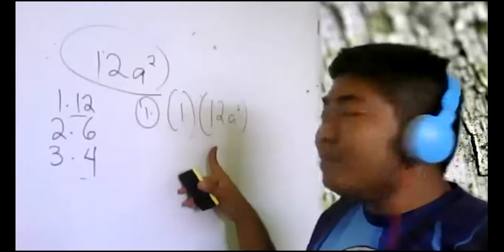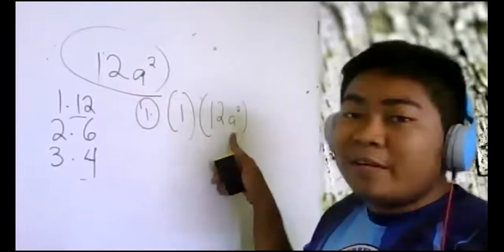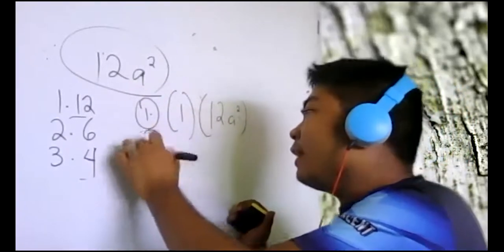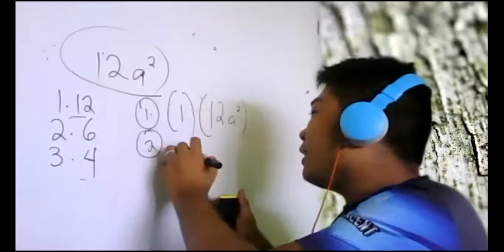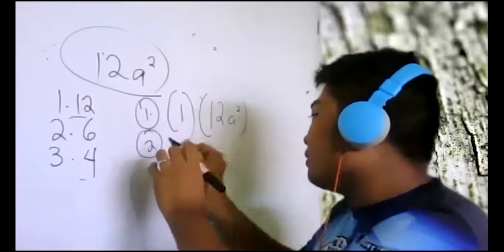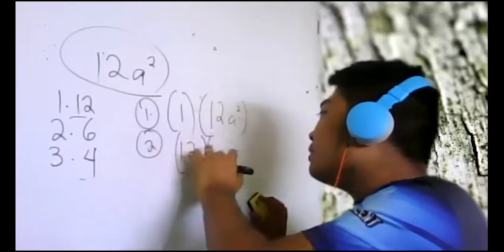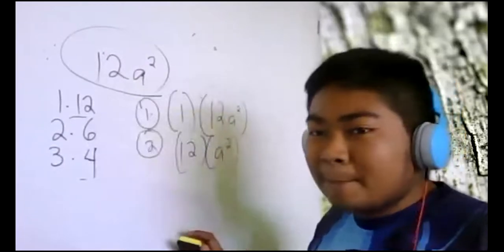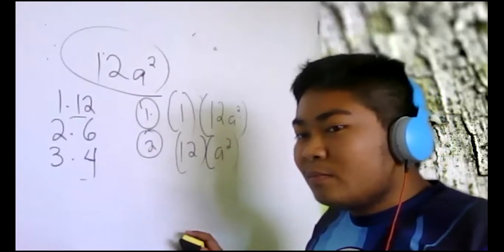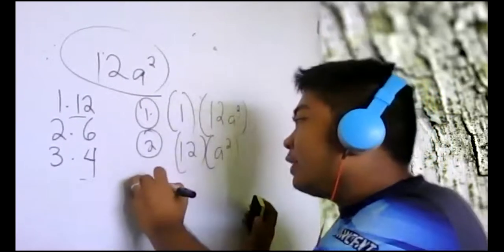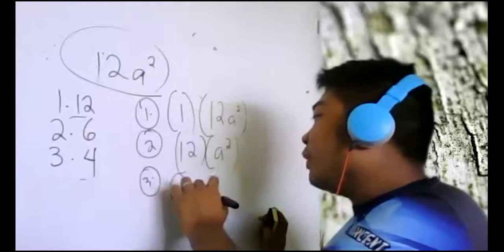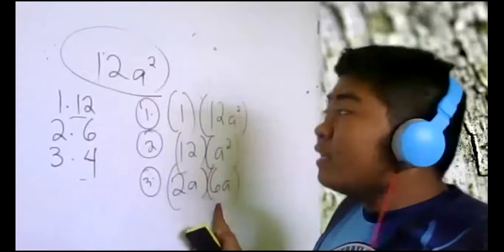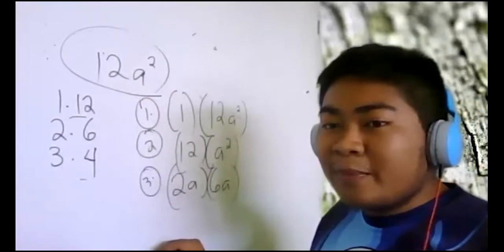Tama? Siya pa rin ba? So 1 times 12a squared. Siya pa rin. Second one, we can write it as 12 times a squared. Pares pa rin? 12a squared pa din? So third one, we can use 2. So 2a times 6a. So if you multiply it, magiging 12a squared pa din.